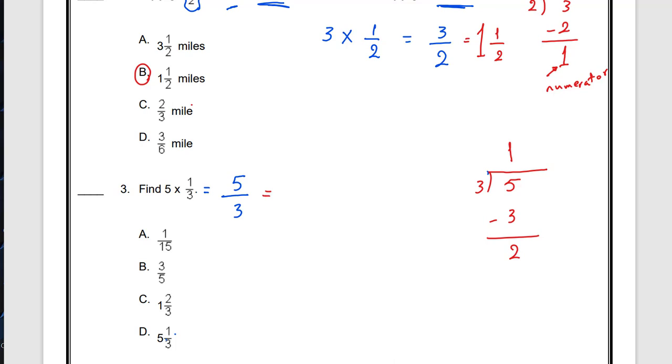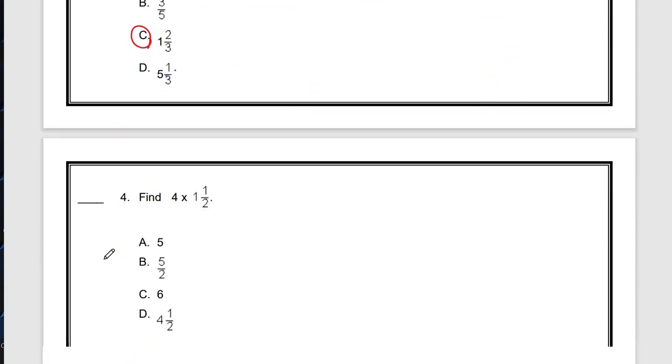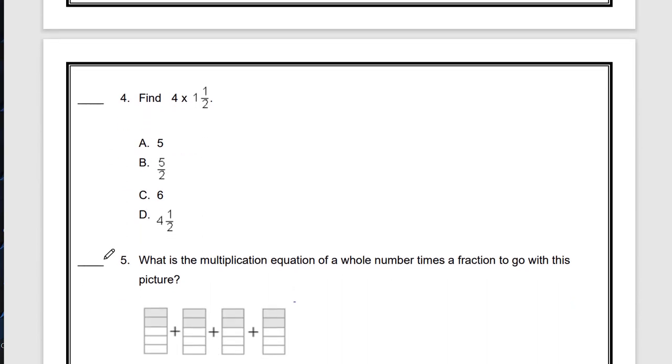C. You mean this one is the correct choice? Yes. Okay, 1, and we have in the numerator 2, and the denominator we don't change it. Excellent. Thank you, my hero. My heroes, do you have any problems? Okay, let's move down. Let's move to the next question, my heroes.